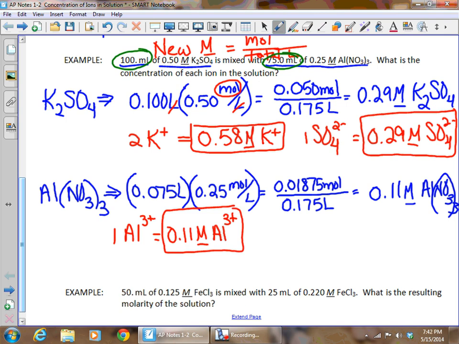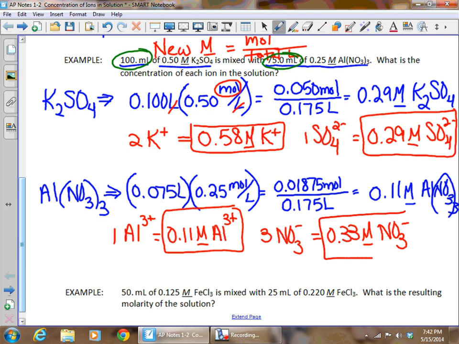But it looks like I have 3 nitrates. And if I have 3 nitrates, then my concentration of nitrate is going to be triple that. So 0.33 molar nitrate.